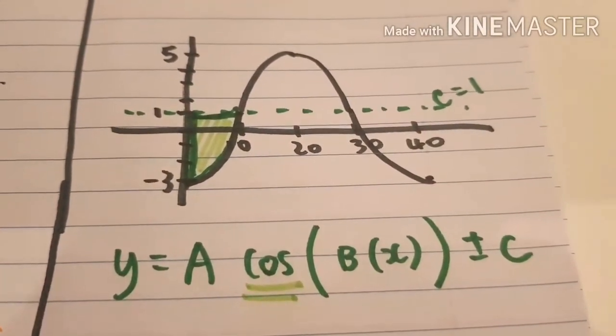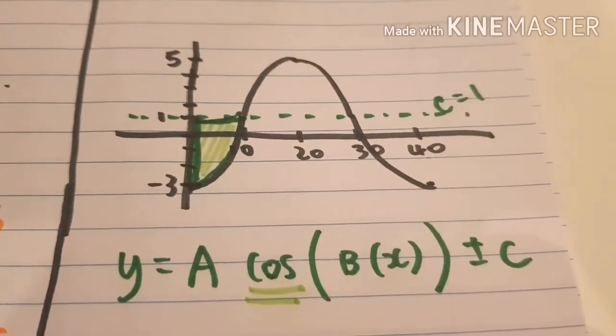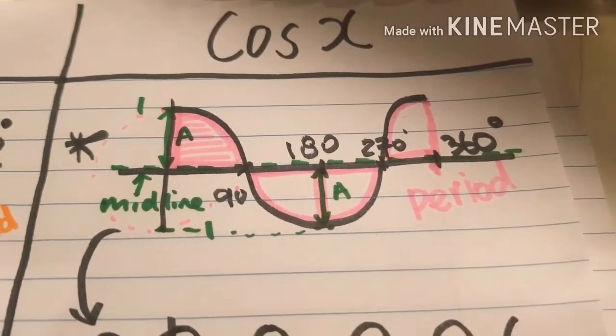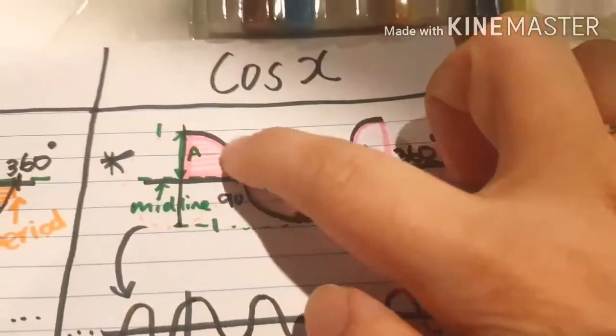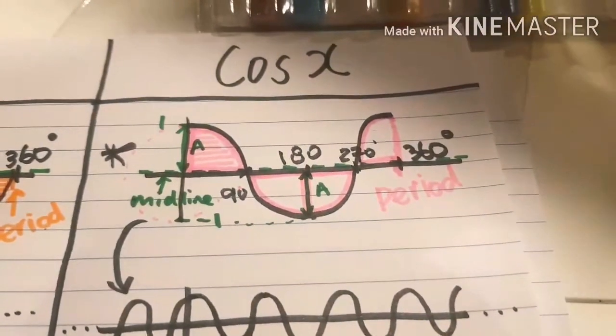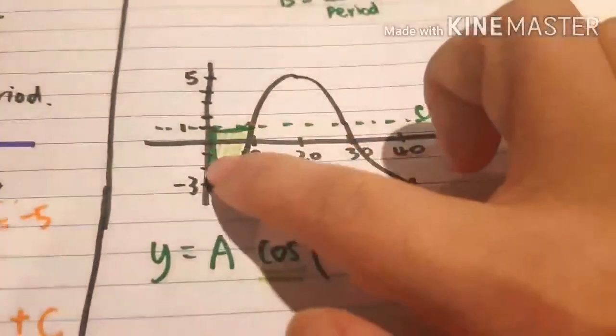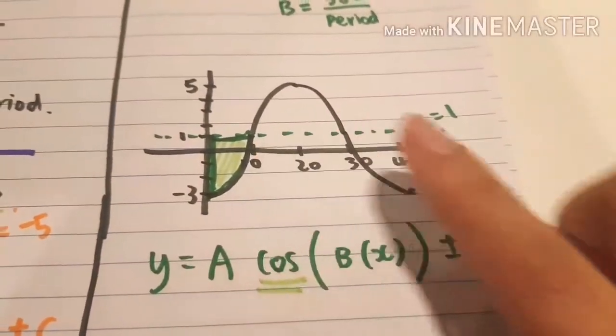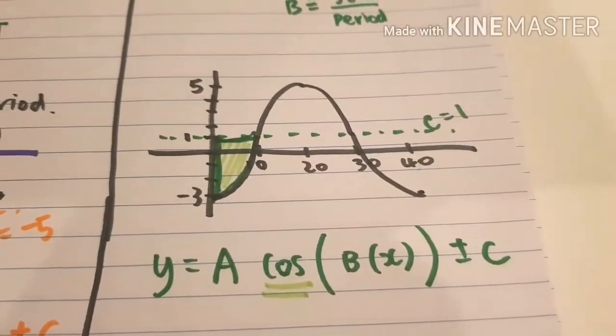Is this looking exactly the same as this one? What's the difference? This one starts with a quarter of a circle from the top, whereas this one starts at the bottom. So it's a flipped upside down cos curve.